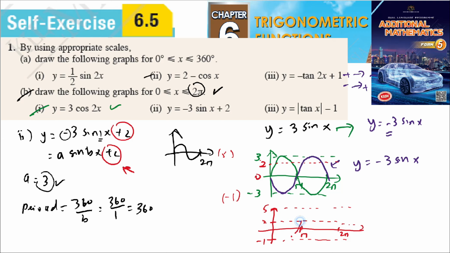So this one is here. Okay, this is pi, and then this one is 2 pi. So here to here, this is 5, this is 2, this is negative 1. So now our 2 is becoming the new 0 here. So this one is y is equal to negative 3 sine x plus 2.